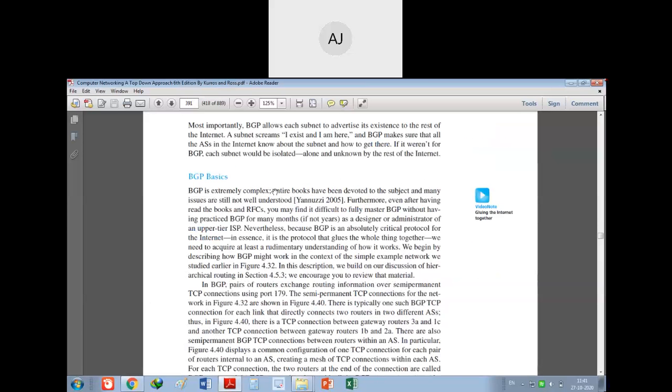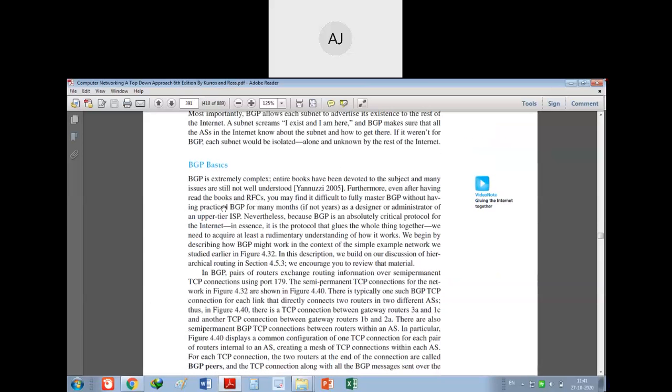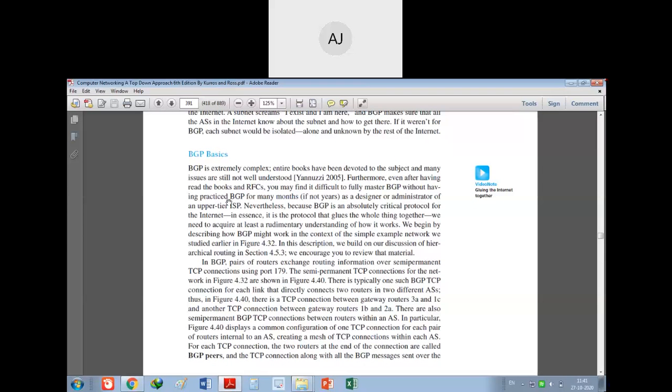Now let us see the basics of the BGP protocol. First of all, it is mainly used for inter-autonomous systems, meaning one autonomous system will be communicating with another. Along with that, it has to follow some policies. That is the idea regarding BGP.